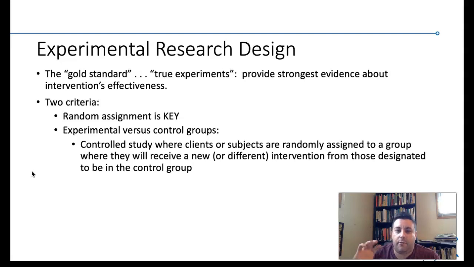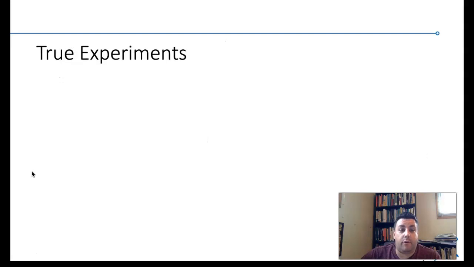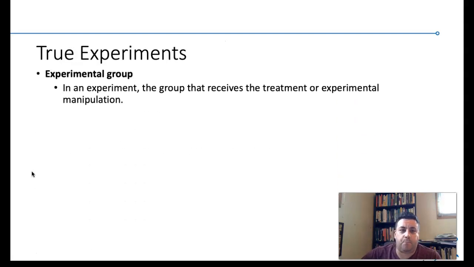But in general, you should know the difference between experimental groups and control groups. The experimental group is the group that's getting the new treatment or the thing that we're studying. The control group either gets nothing or, usually if it's an intervention, they get the existing standard intervention. That lets us make a comparison about the level of effectiveness of whatever treatment we're giving people.